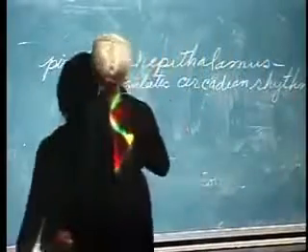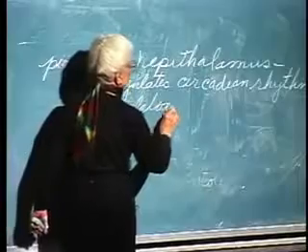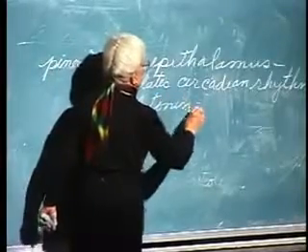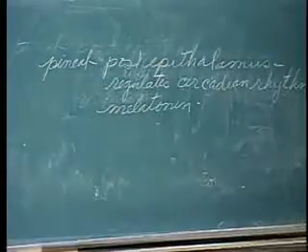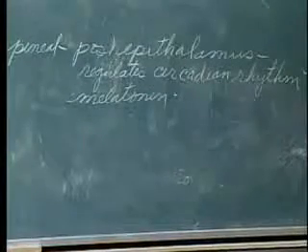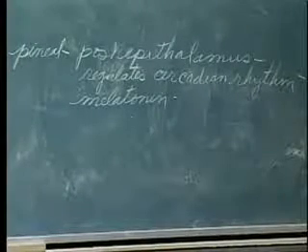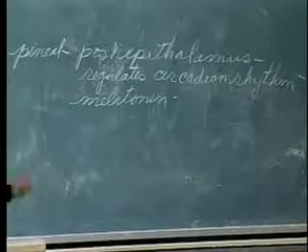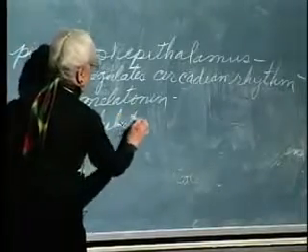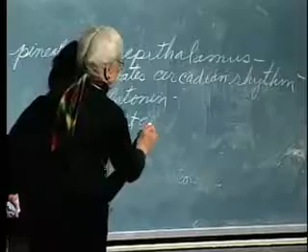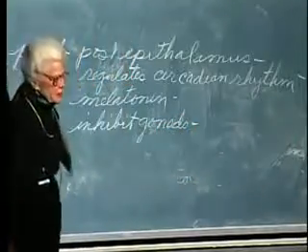It produces melatonin. Many people were taking melatonin to reduce jet lag until we started letting them know what else melatonin can do. It can inhibit the gonads in their development.